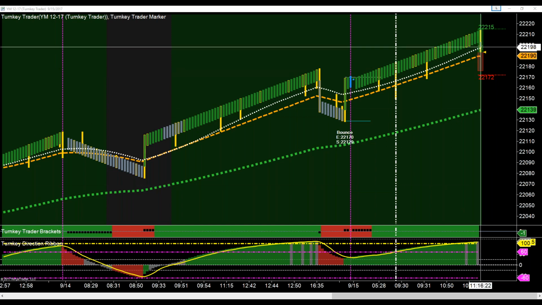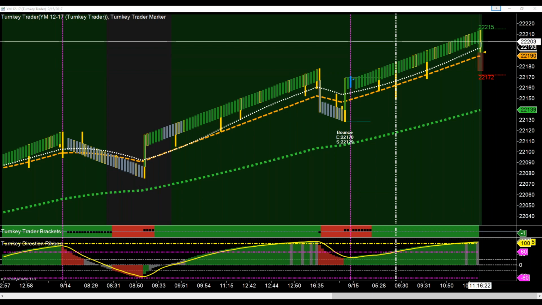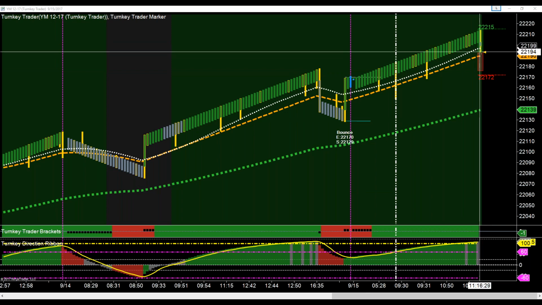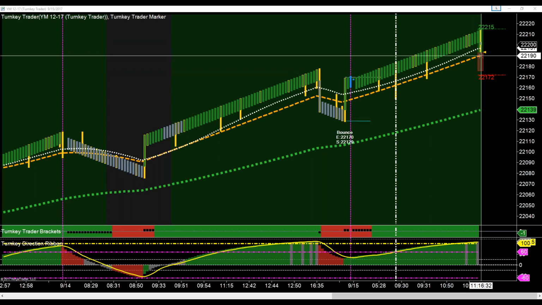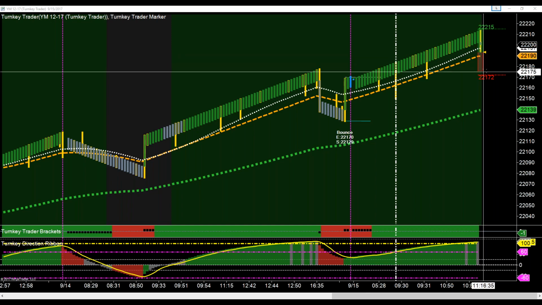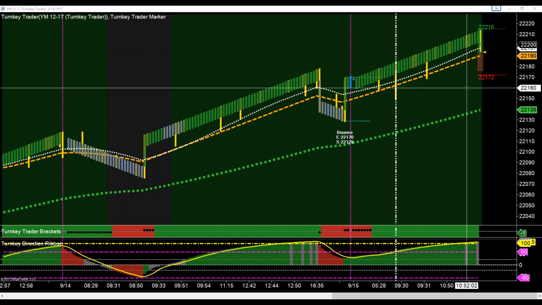So if we're watching for a trend trade, like in this case on the YM here, if this bar comes down, touches my orange trigger line, fantastic, then it keeps going down. As soon as it crosses this edge, that will immediately disqualify our trend trade. We don't care about that for the bounce, only for the trend trade. So it does give us a heads up if we'll see a black dot in the middle panel there.